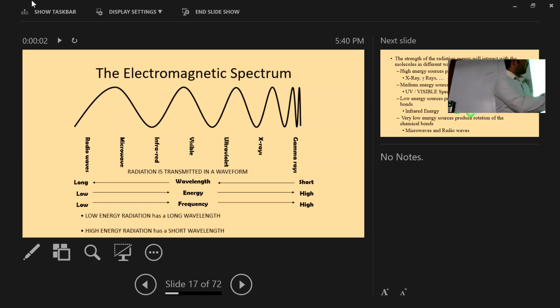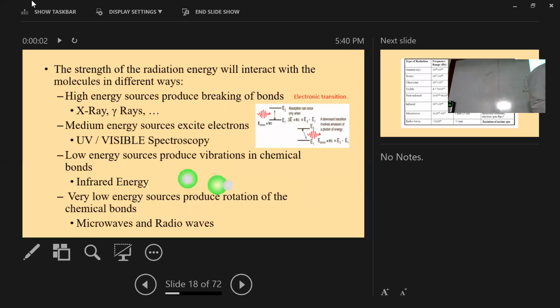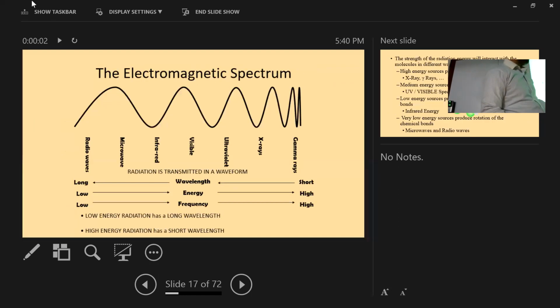If you give higher energy to this, what will happen? It is completely gone away. Normally we have bonds like this: this is phenyl, NH2.